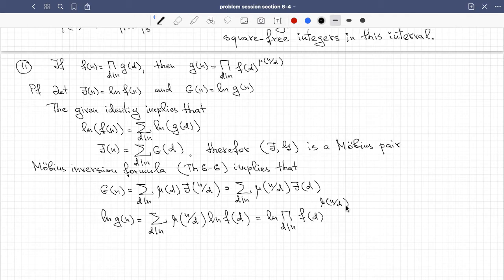Now we can get rid of logarithms, returning back to the clean formula.